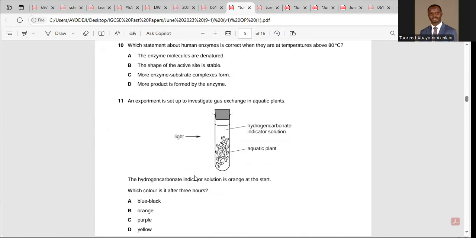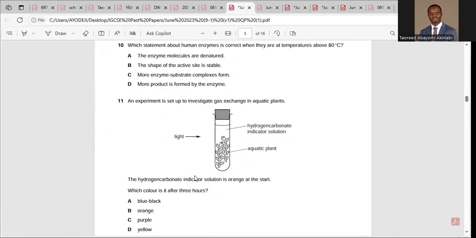For question 11, an experiment is set up to investigate gas exchange in aquatic plants. The hydrogen carbonate indicator solution is orange at the start. What color is it after 3 hours? Now, the hydrogen carbonate indicator is used to determine the level of carbon dioxide in photosynthesis or respiration.